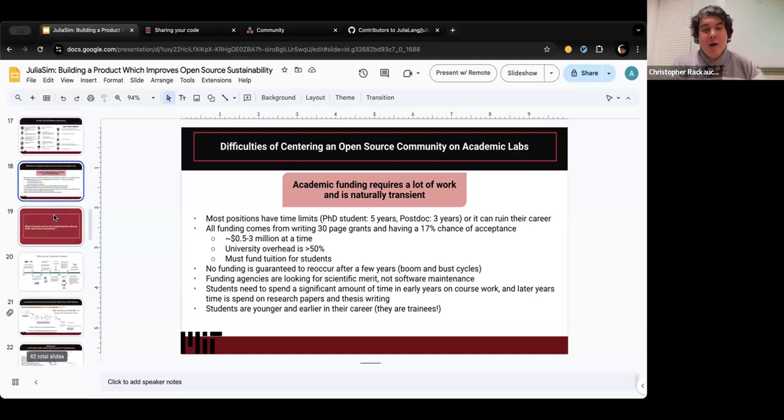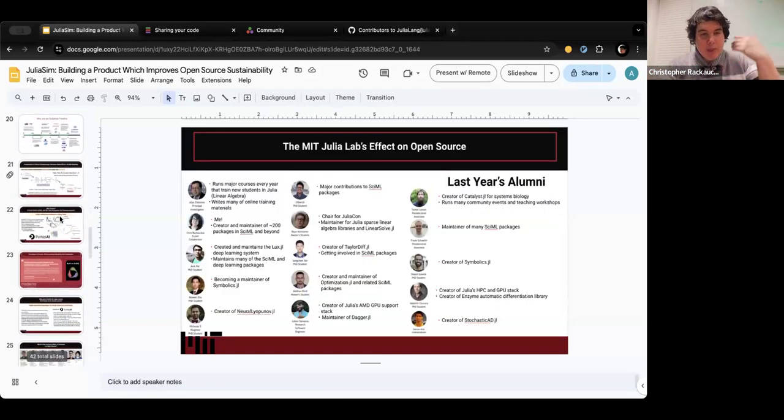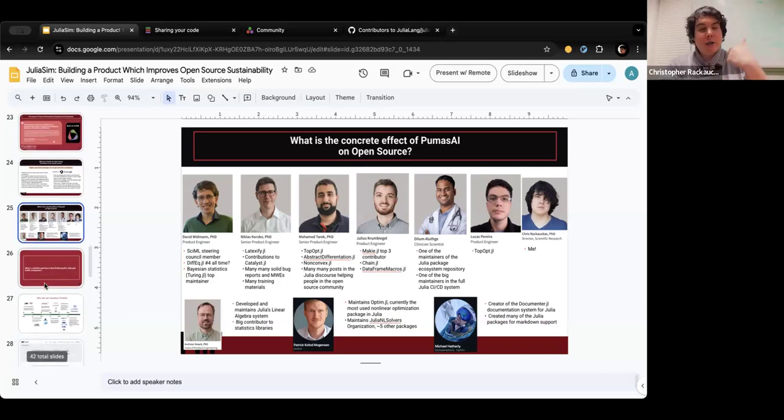If I point to, for example, the Julia Lab, it has all sorts of things, but even in terms of the documentation systems and such, right? The main maintainers of those packages, and people who work on Markdown support, are people within Pumas. And why is that the case? Well, because a lot of what Pumas needs to do is reports generation.